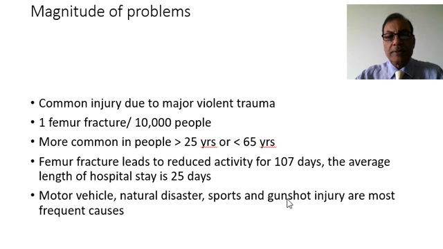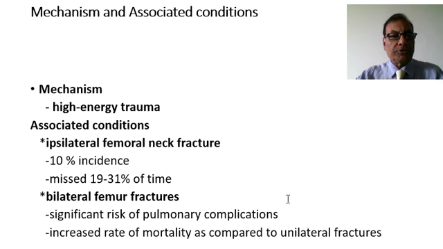Femur fracture leads to reduced activity for a much longer time, more than 100 days, and hospital stay is also prolonged, close to 1 month, exactly 25 days statistically. And motor vehicle, natural disaster, sports and construction injury are the most frequent causes.